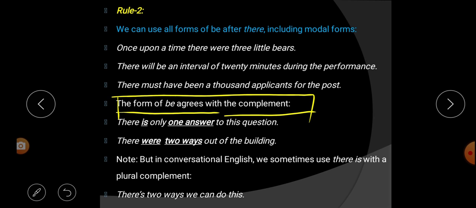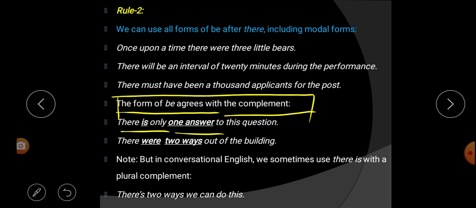So look at the example over here. There is only one answer to this question. There is only, it is an incomplete sentence. To complete this one, we have used what? One answer to this question. This is the complement. Which one? This one answer is the complement.